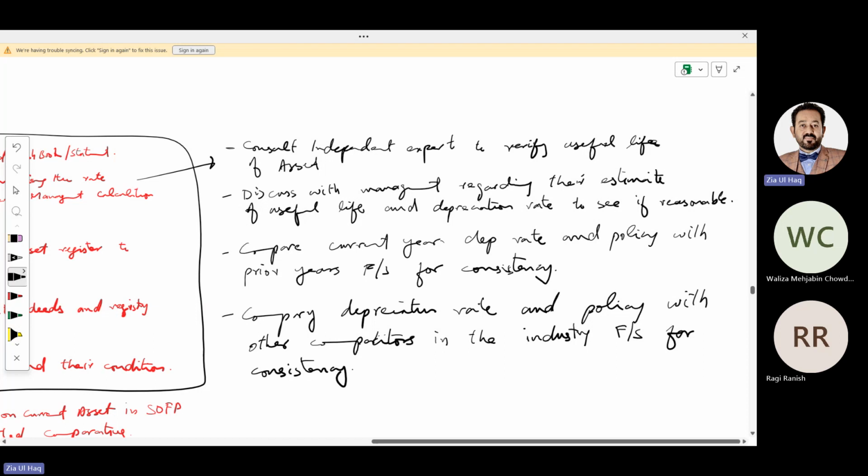And there are 5 procedures to verify accumulated depreciation. The examiner could ask separately like that.